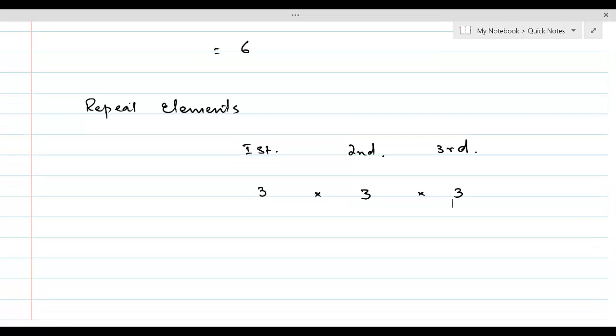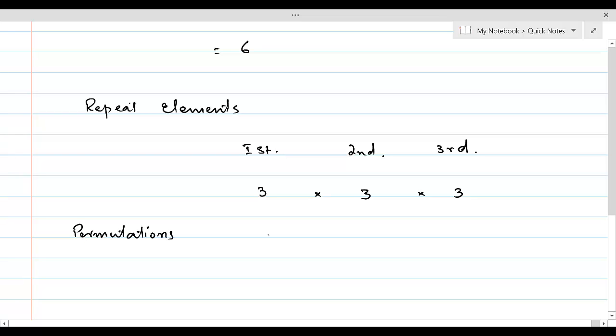So according to the first principle of counting, the total permutations would be 3 power 3, which is equal to 27. This is if elements are allowed to repeat. But if elements were not allowed to repeat, then there are 6 permutations.